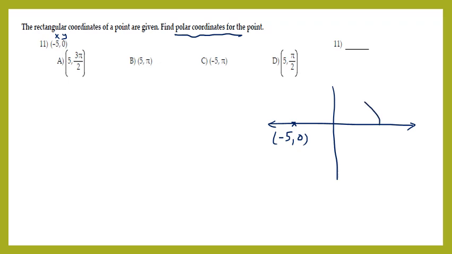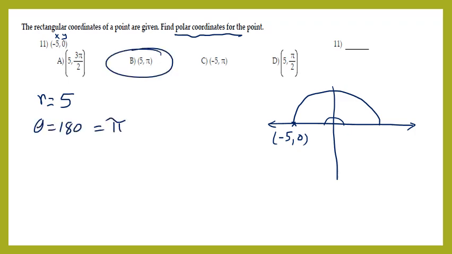If I start drawing the angle, I will notice that this point is on the circle, so r is equal to 5. The angle here, if I move positive or negative, is 180, which is equal to pi. So the right answer directly is 5 and pi.